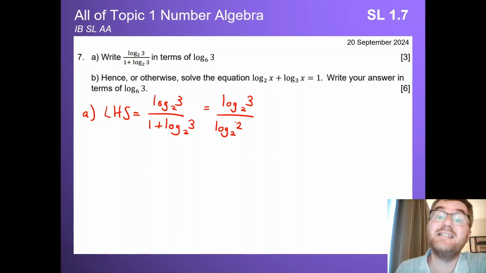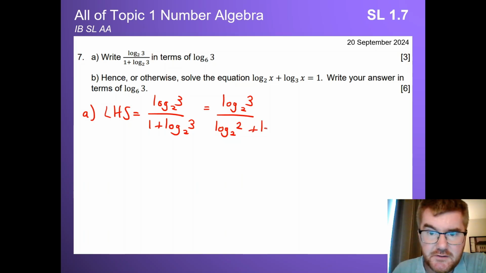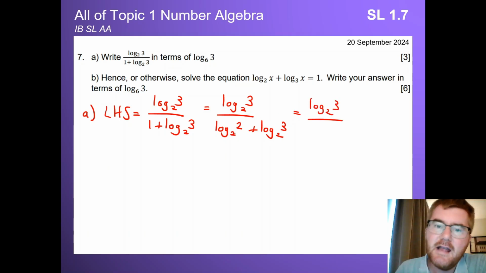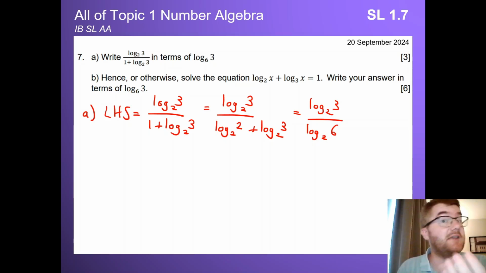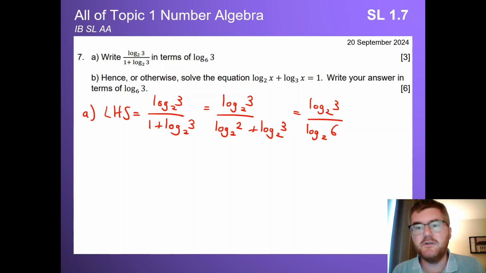Remember, if the base is the same as the number in the log, then that's equal to 1. So I'm going to use this idea, one of our log laws. And remember, if we're adding logs, it's the same as multiplying numbers, so I can then rewrite this on the bottom as simply with base 2 as my log, 2 times 3 is 6. So one of the benefits of logs, it helps you solve exponential equations, is I can actually use addition here and multiply what's in the log.